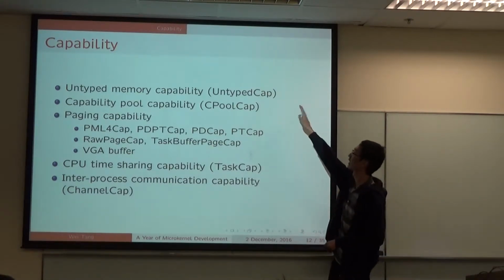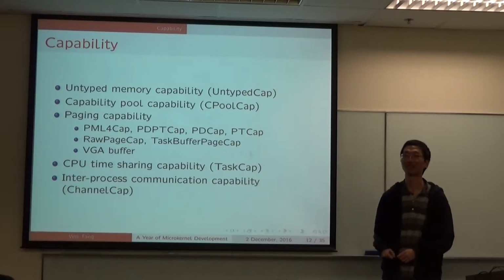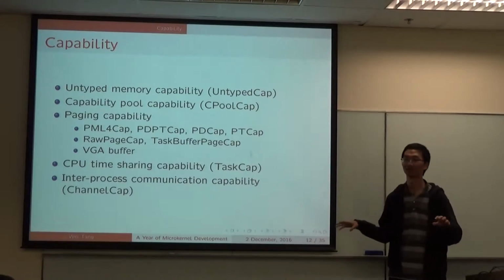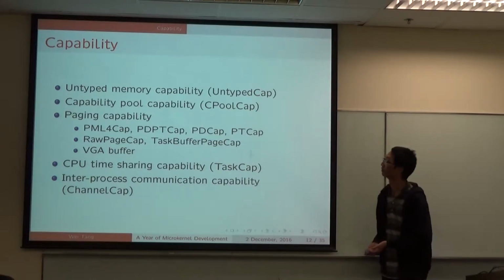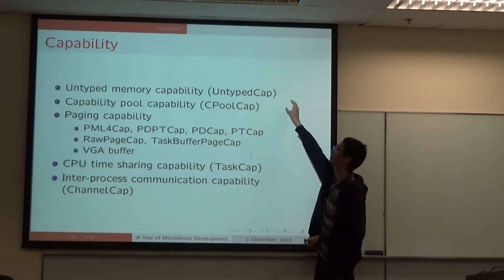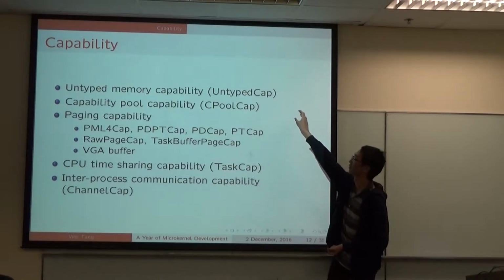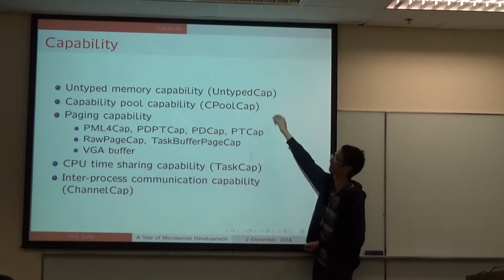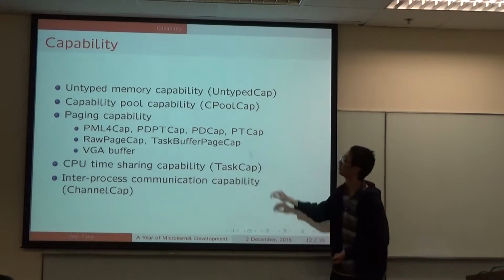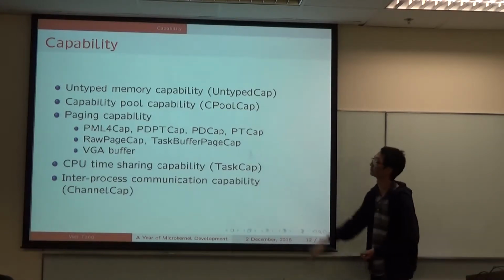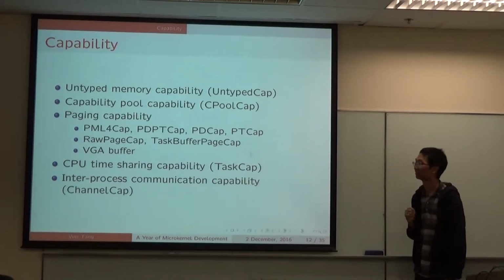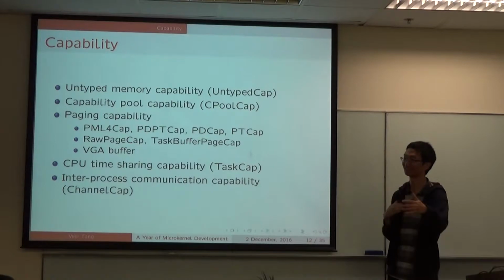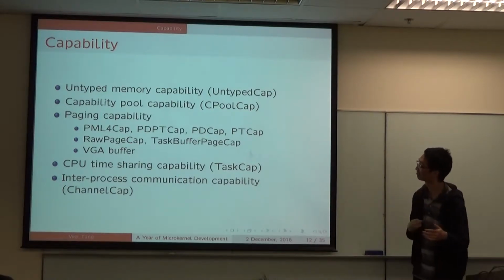There is something called the untyped cap, which is just uninitialized memory. Those are memories that are free and can be used for other purposes. So we hold some untyped capability, and then you can retype those capabilities, creating new instances from them. We have the capability pool capability, which is just a capability that contains multiple capabilities.